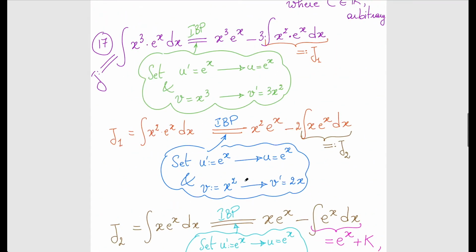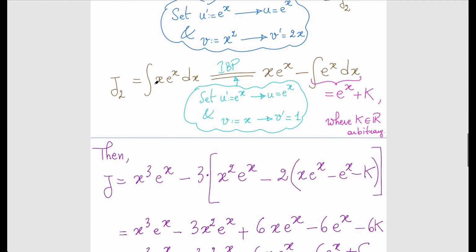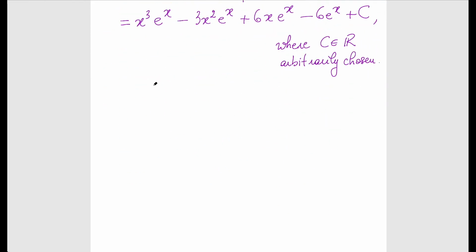Because we did integration by parts 3 times, this whole process can be written in a compact way. So let's rewrite j. So this is an alternative approach.